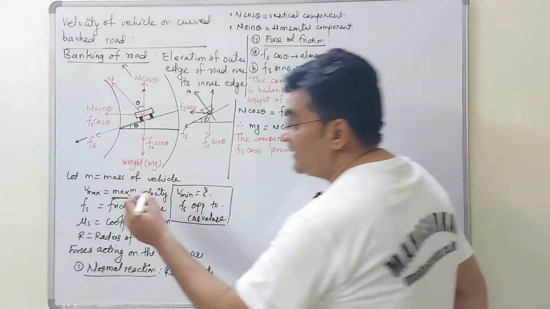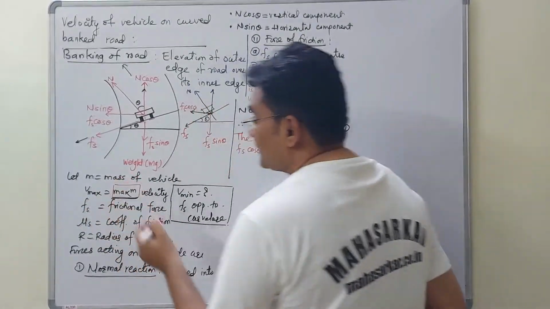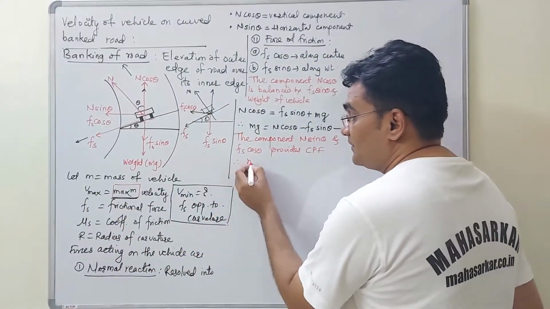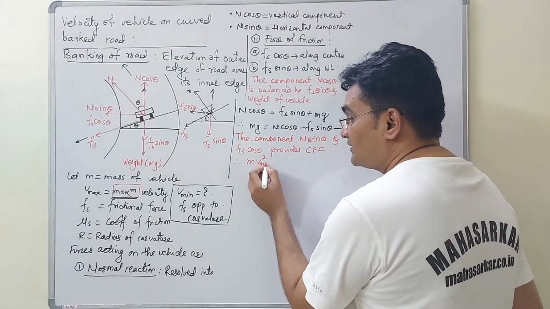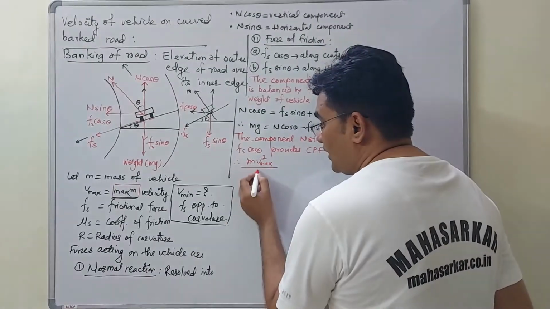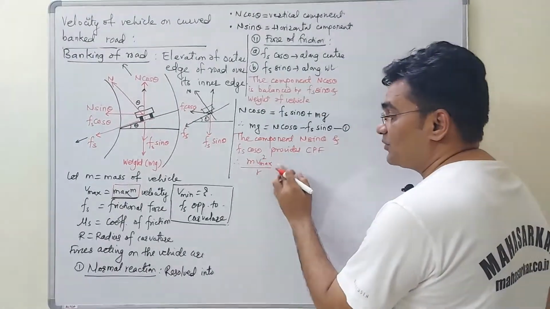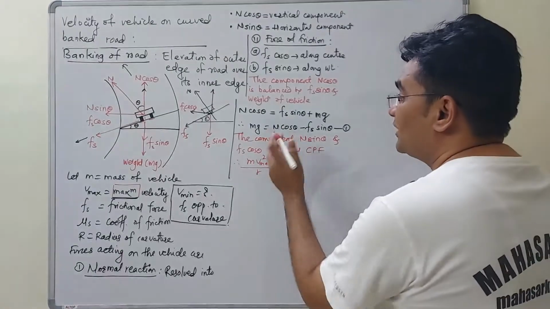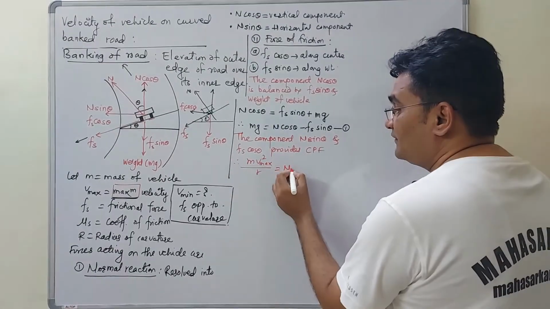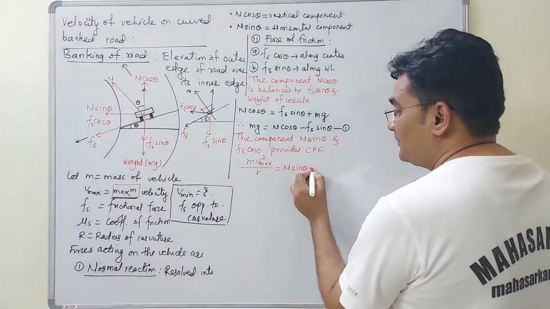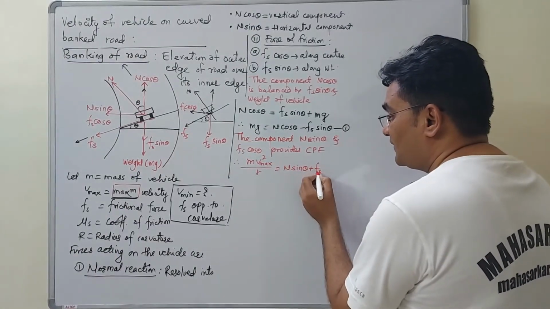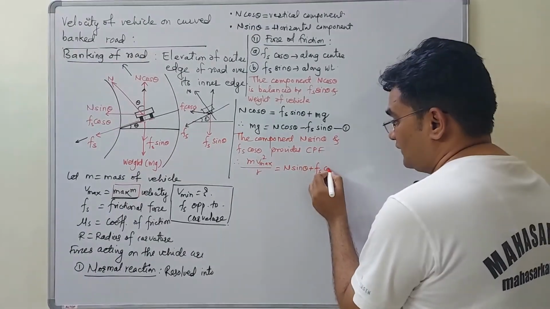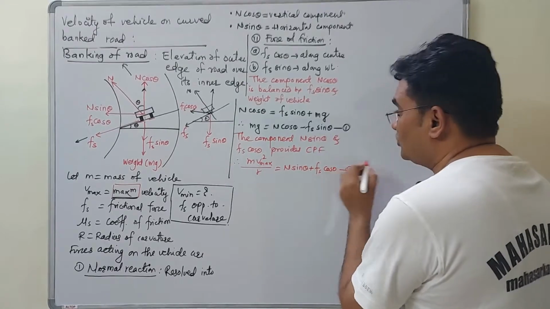As we are finding maximum speed, m v square max upon r, the centripetal force, should be provided by both N sin theta plus Fs cos theta. This is equation number 2.